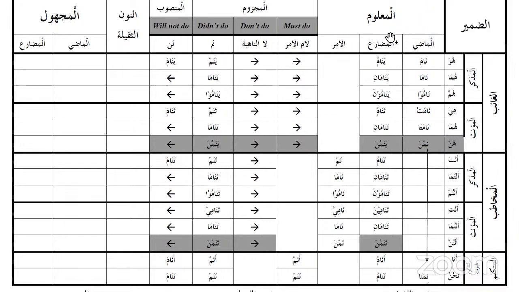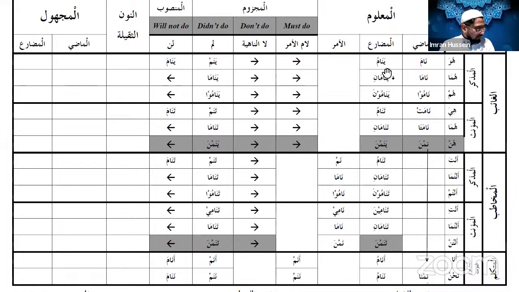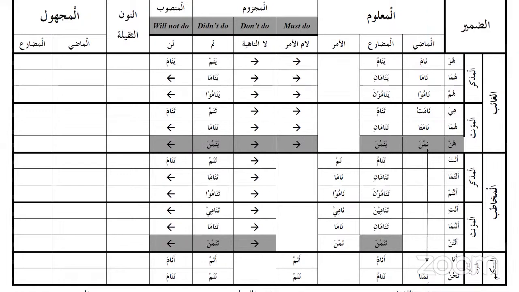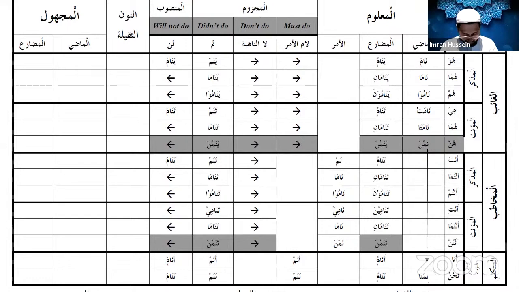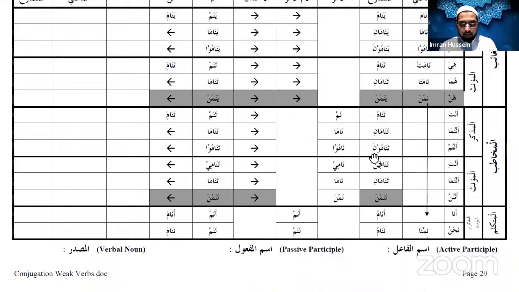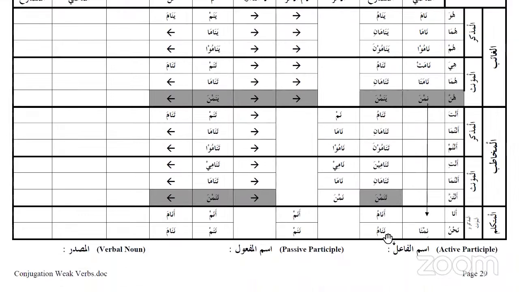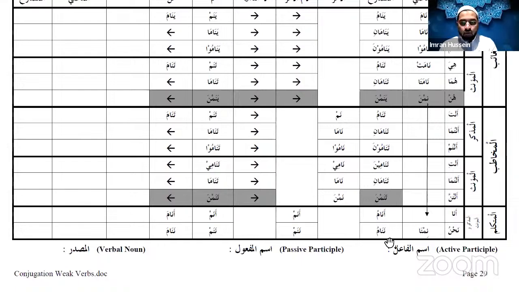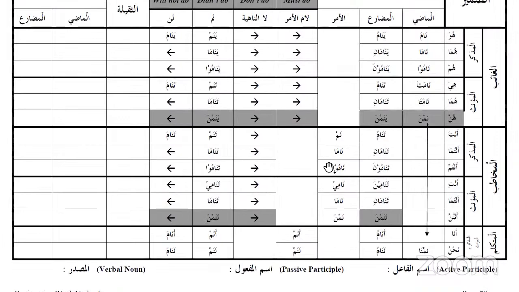Present tense: yanamu, yanamani, yanamuna, tanamu, tanamani, tanamuna, yanamna, tanamina, tanamna, anamu, nanamu. And amr: nam, nama, namu, nami, nama, namna.